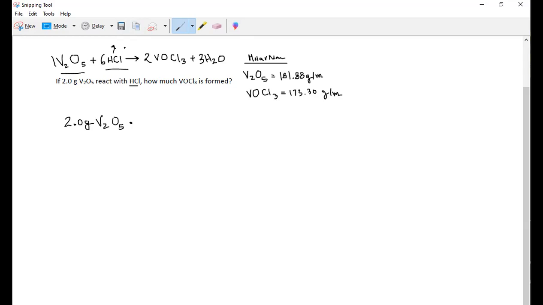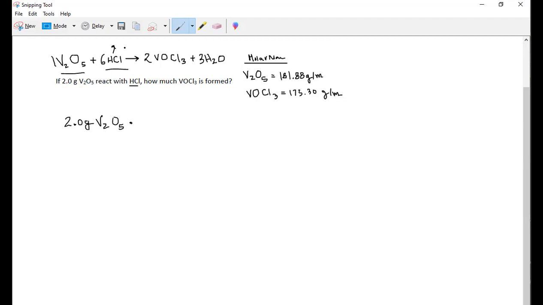And we can use that to figure out, if I were to toggle the amount of HCl from 6 moles to 7 moles, how many moles of V2O5 would I have? Or if I were to toggle the amount of V2O5, how much HCl would I have? But that's a reactant to reactant ratio there.